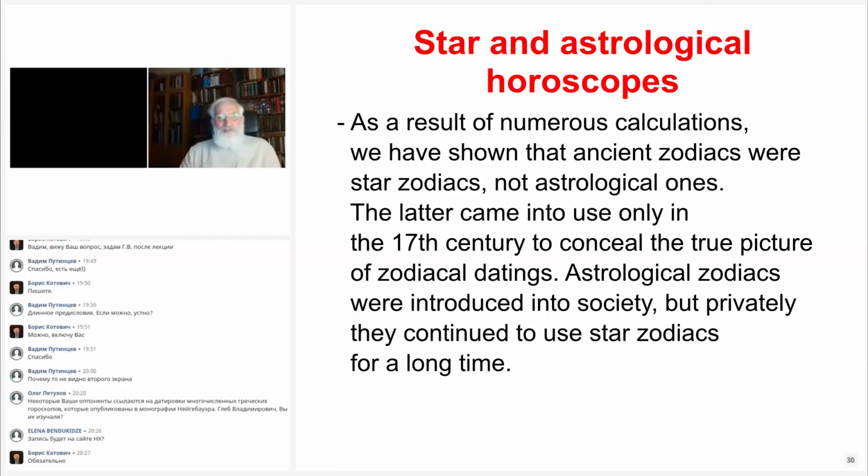Not only did the hands go around the celestial clock, but the entire clock face began to rotate, significantly complicating all calculations. Of course, for modern computers, this is not a problem, but for the 17th, 18th, 19th centuries, and even the 20th century before computers appeared, it was a problem.